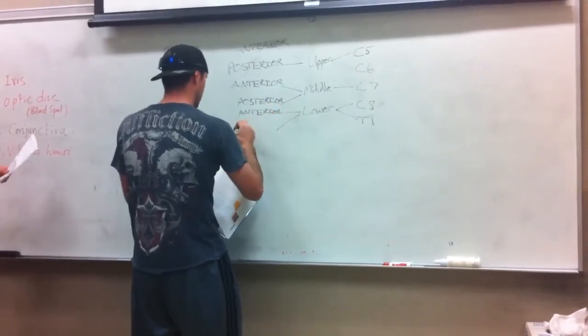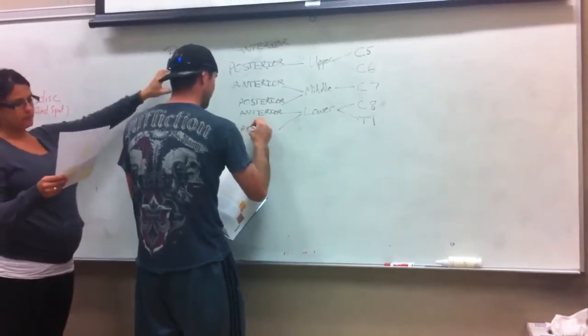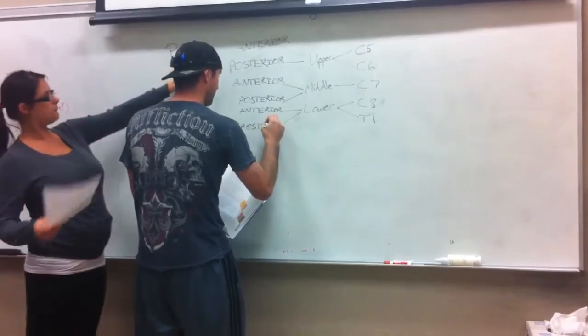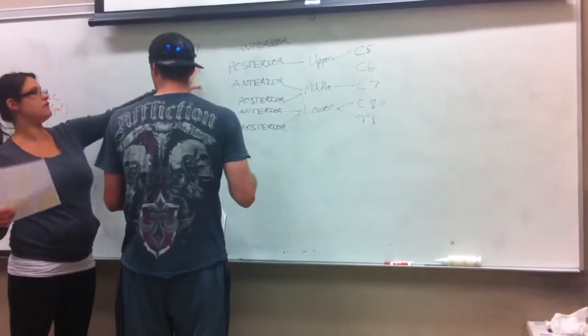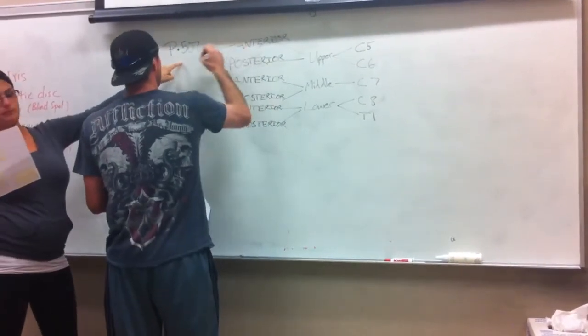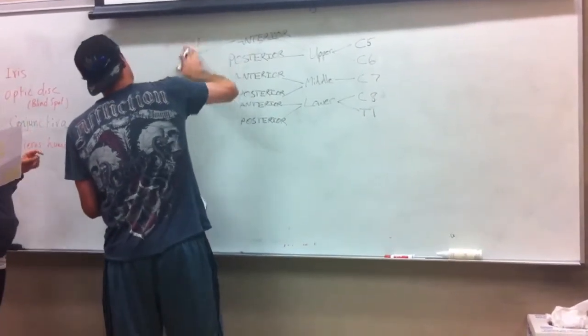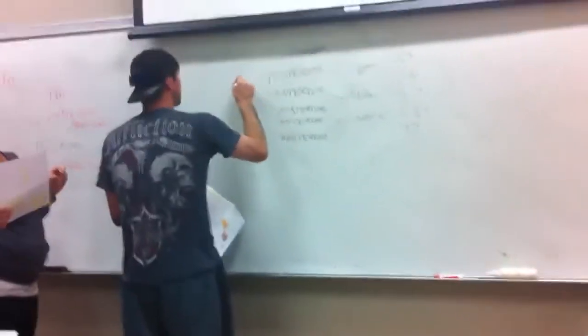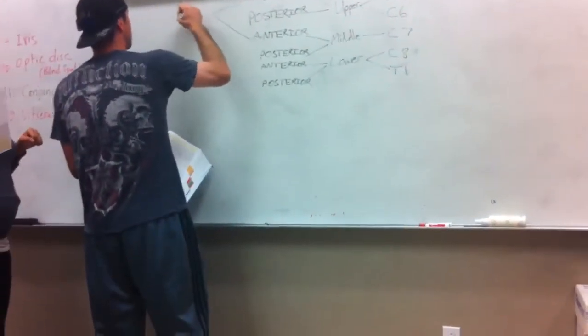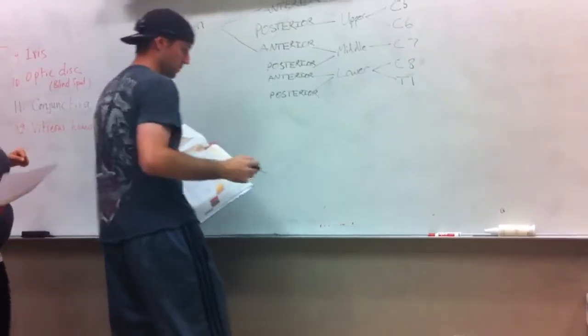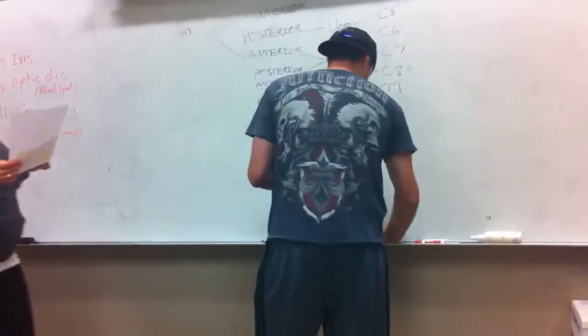Okay, and then just wait, because the top two anteriors break off into the lateral chord. So the upper and middle trunks break off into posterior and anterior. If you want to use another color now, take it for the next step.